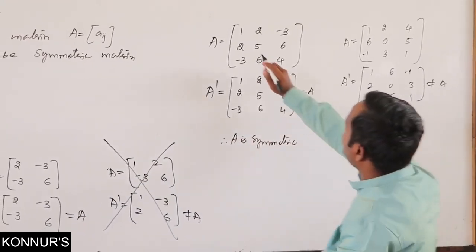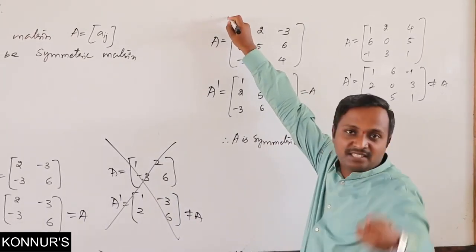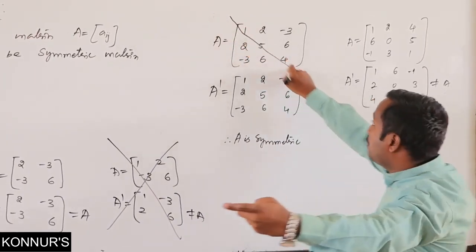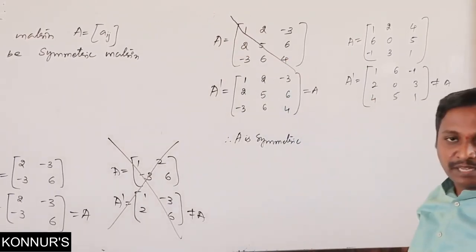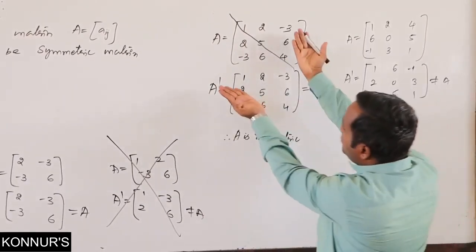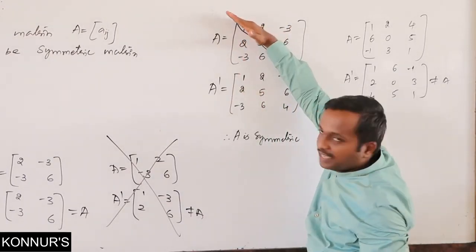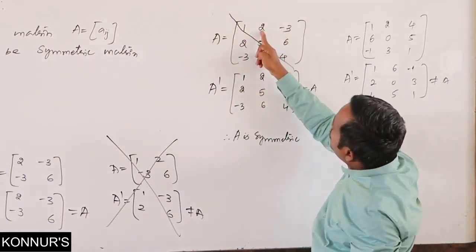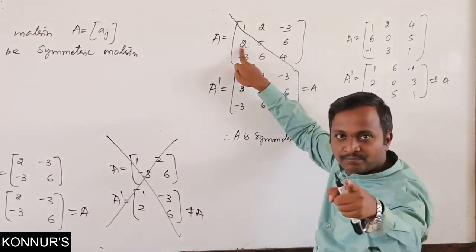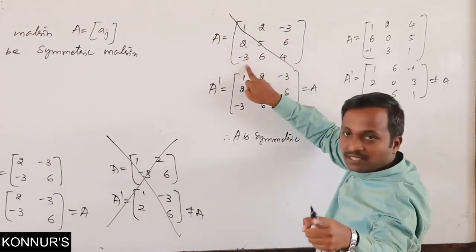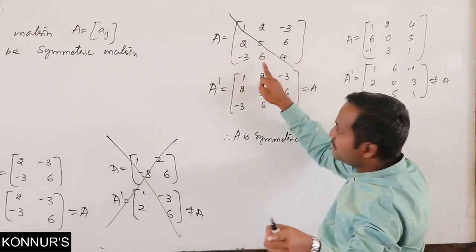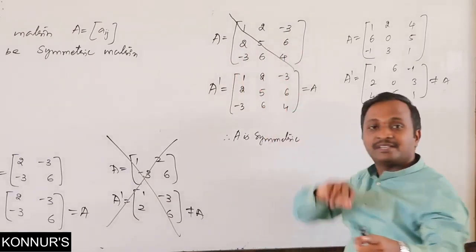Take the diagonal, the principal diagonal, of the square matrix and fold it along the entire diagonal. What happened? 2 same. -3 same. 6 same. Therefore it is symmetric.